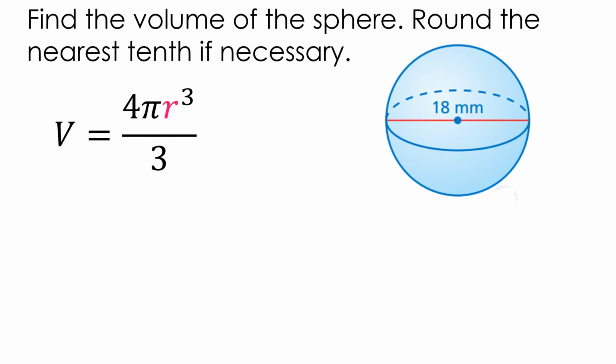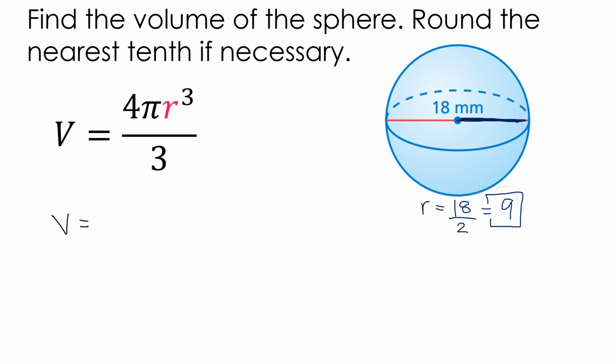So we don't want the entire distance. We want just from the center of the circle to one of the sides. So we're going to take our diameter of 18 divided by 2 to get our radius of 9. And that's the number we're going to plug into our formula.